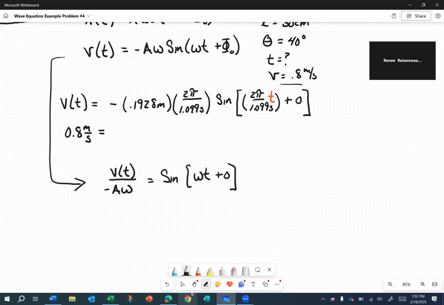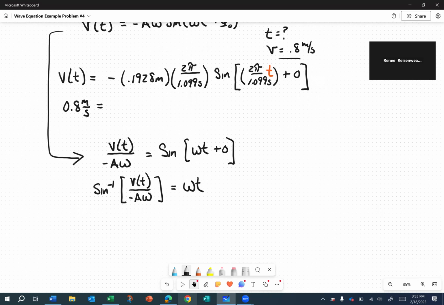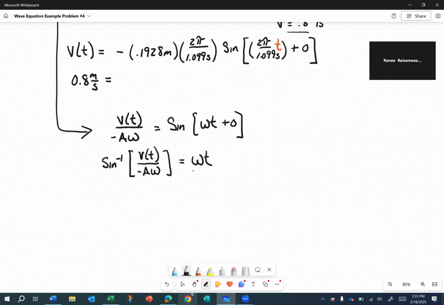So we'll leave that 0 out. I'm going to take the inverse sine of both sides. The inverse sine of v of t all over negative A omega equals omega t. Dividing both sides now by omega will get us our t.